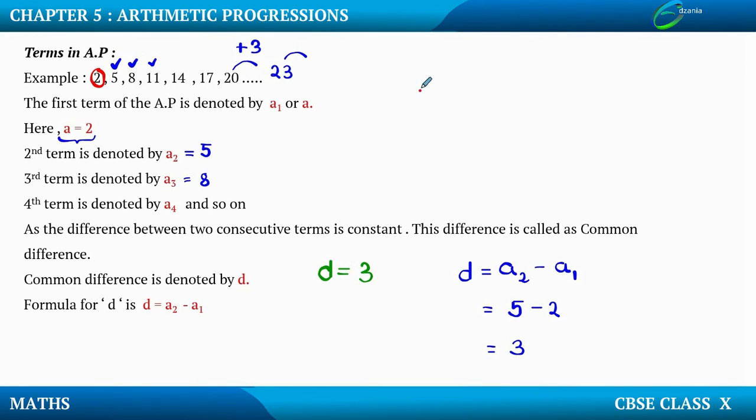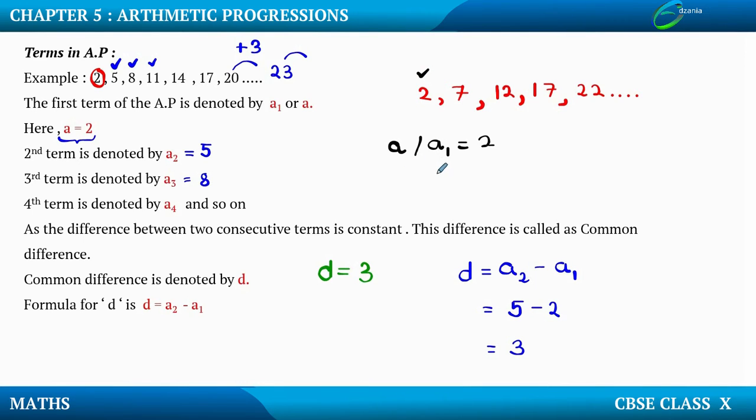Suppose I have one more AP, say 2, 7, 12, 17, 22, and so on. I can easily find all the values. The value of A, or A1, will be equal to 2. So this is our A or A1.